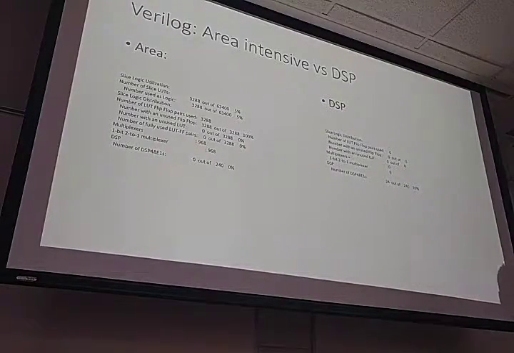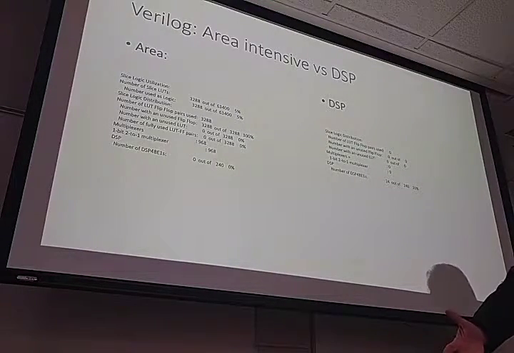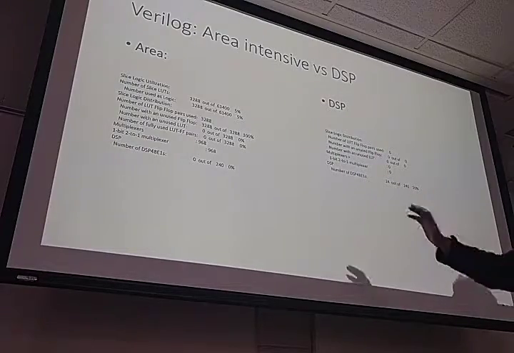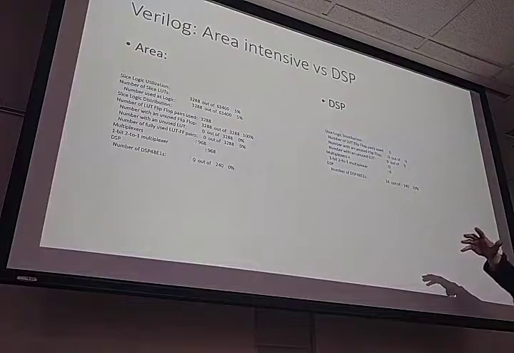So we are wasting a lot of flip-flops that are in the slice, and we are not using them. In a lot of multiplexers as well, because there's a lot of ifs and things like that.